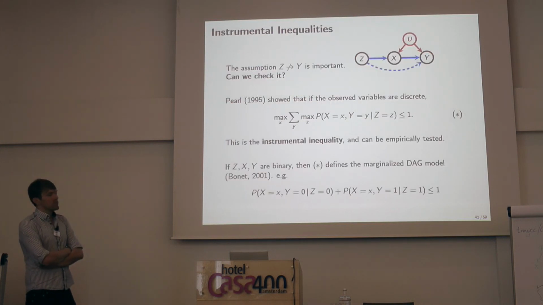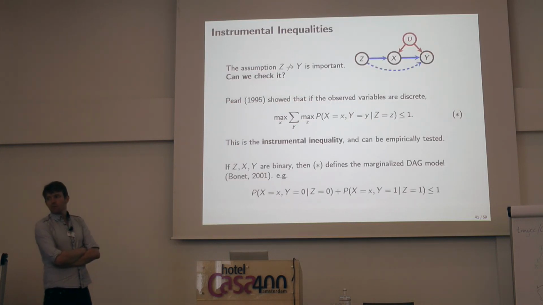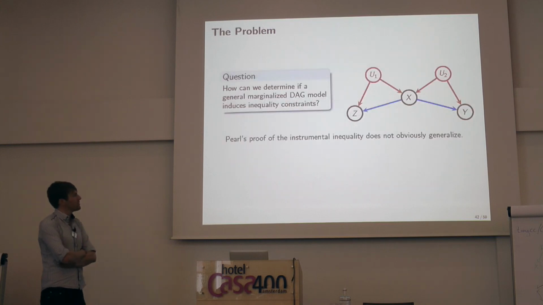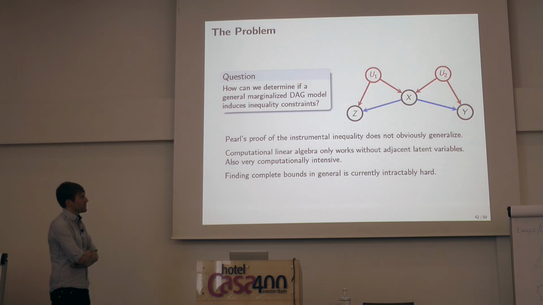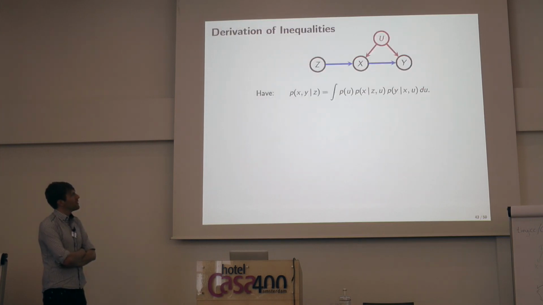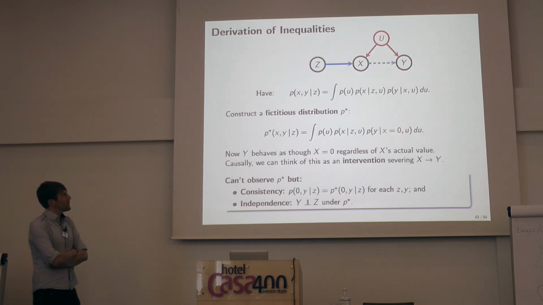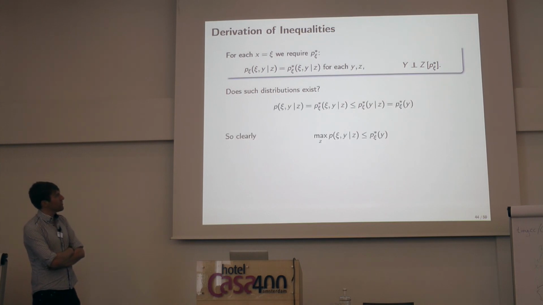In the interest of time, I probably won't go into the details of how you can derive further inequality constraints, but you're welcome to have a look at that paper of mine from 2012, which is in the references.